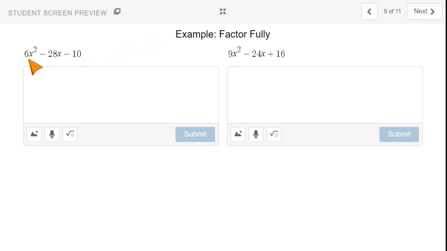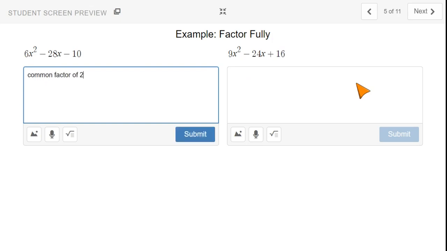One more slide of examples. Now, if we see a common factor before we factor, it would be easy for us to do that first. Mathematicians are lazy, and so we want to make things as simple as possible. I'm going to factor out a 2 first. So we have 2 times 3x squared minus 14x minus 5.